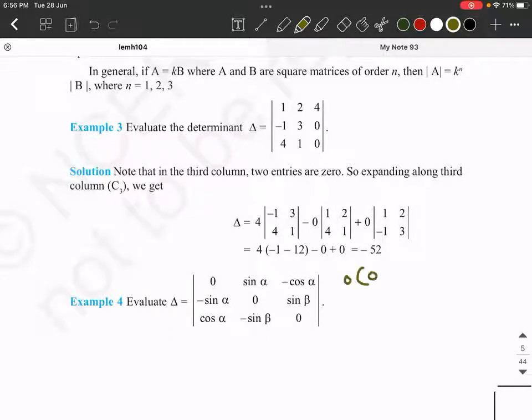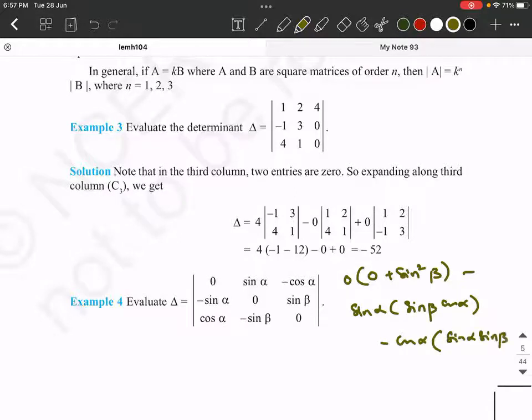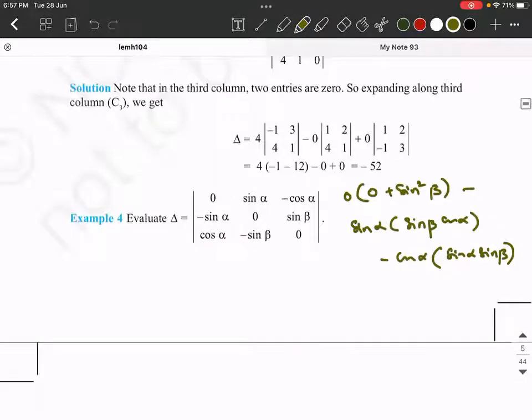So 0 into 0 plus sine square beta minus. So the first one is gone because sine square beta is multiplied with a 0.